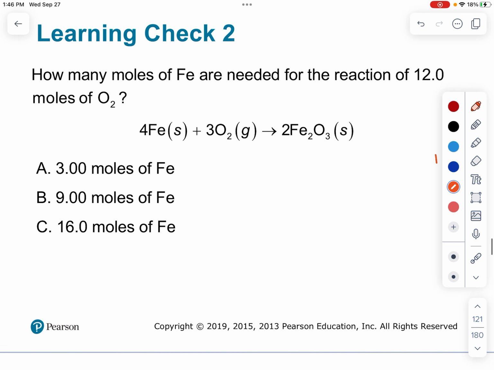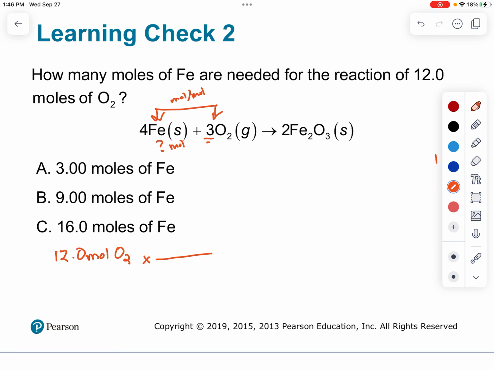Okay, so let's look at this question. How many moles of iron are needed for the reaction of 12 moles of oxygen? So I'm going to start with what I have, 12.0 moles of oxygen. And I want to know how many moles of iron. So I need to get rid of the oxygen, and because I'm going between 2 different chemical species, I'm going to use this mole to mole ratio.